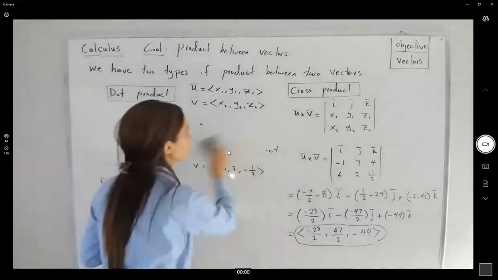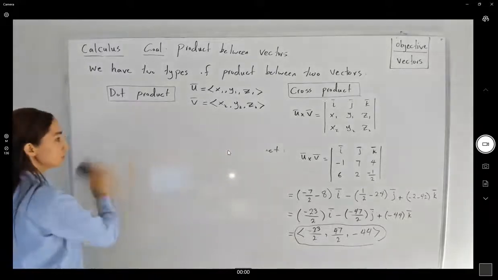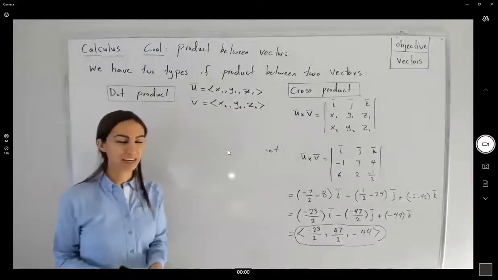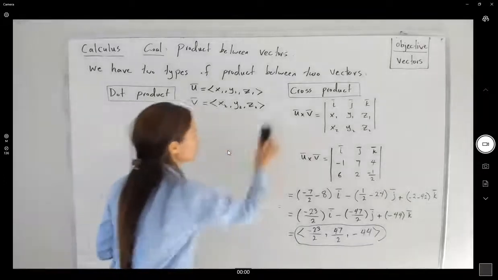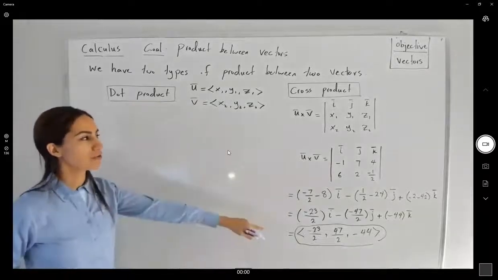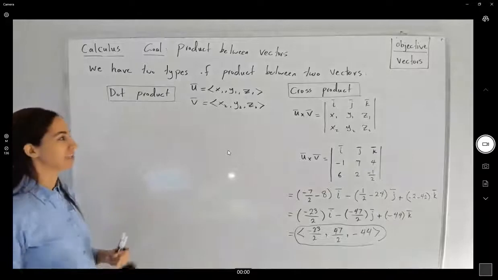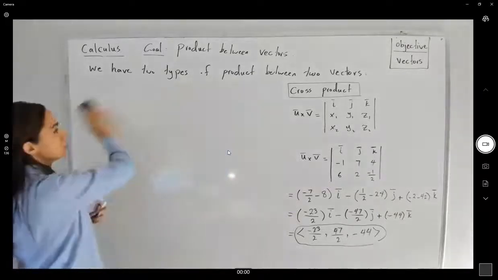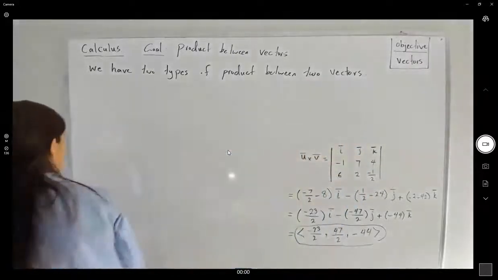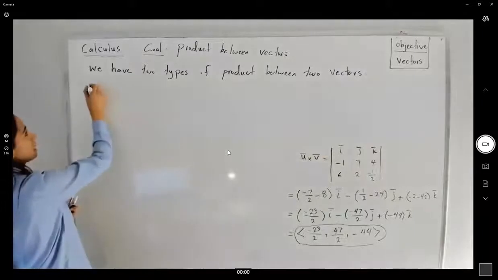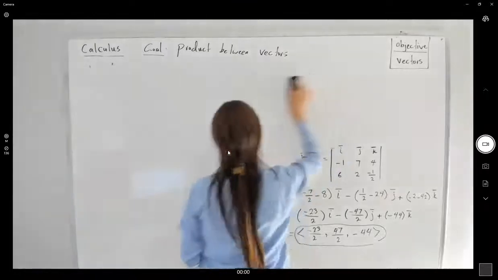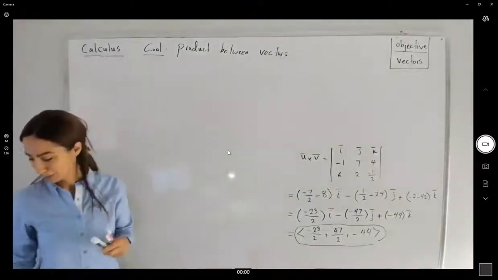Let's present more formulas related to dot product, cross product, and the angle between vectors. I'm going to keep this example and show you that for sure this new vector is perpendicular to vector u and vector v. We can use the dot product and cross product to find the angle between two vectors.